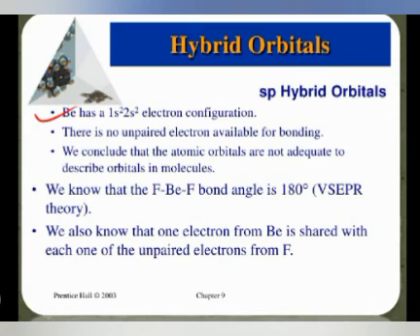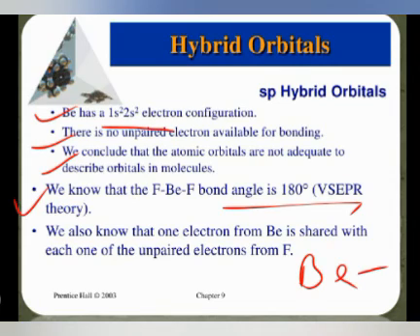Suppose for example beryllium has the configuration 1s2, 2s2. There is no unpaired electron available for bonding, so we conclude that the atomic orbitals are not adequate to describe bonding. We know that beryllium fluoride, BeF2, makes a 180 degree angle according to valence shell electron pair repulsion theory.